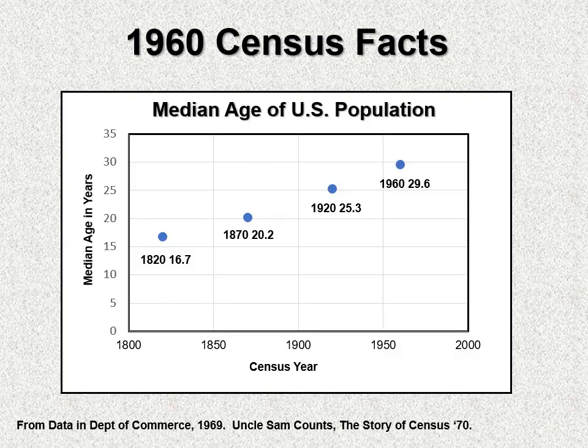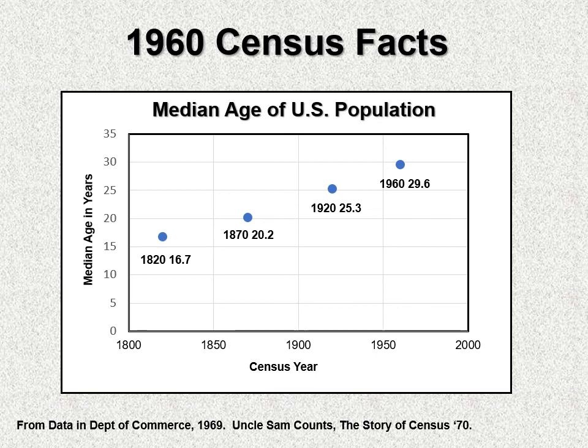Here's another fact that I found interesting, actually on a publication in 1969, which was the median age of the U.S. population on the different censuses. And the median number is where half of the sample you're looking at is above this number and half is below the number.